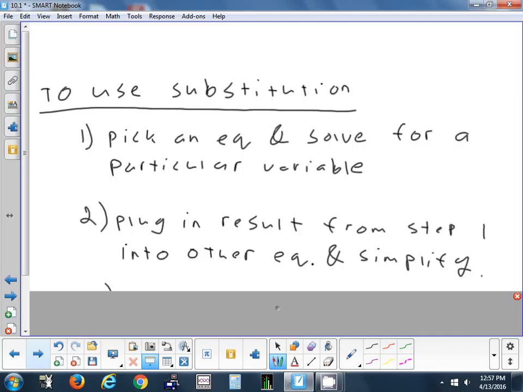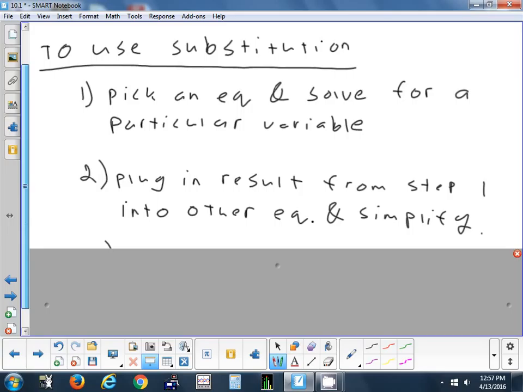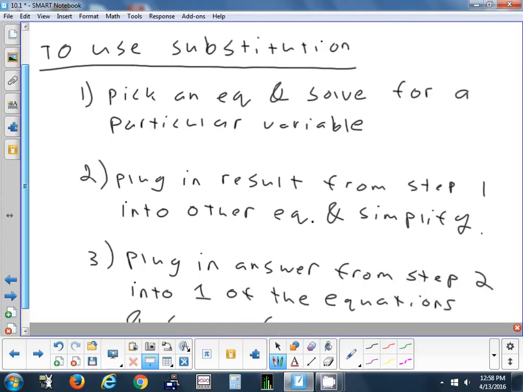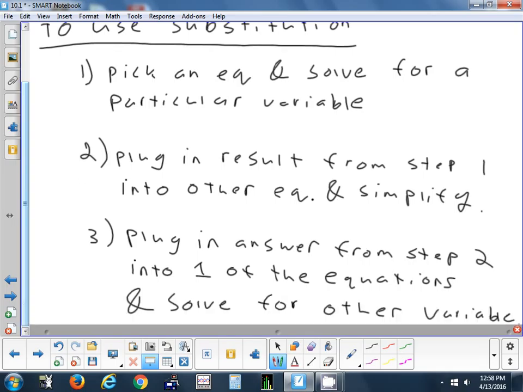After step 2, you're going to know one of your answers, either the length or the width, depending on what you solved for in step 1. Then after you get one of your answers, you plug that answer back into one of the equations and you can get the second answer. Those are the basic steps with substitution.